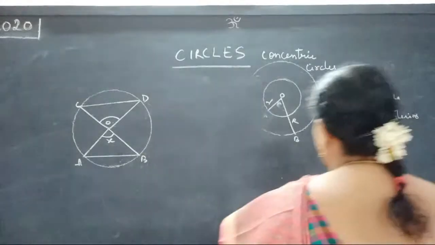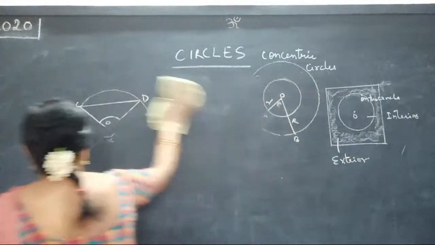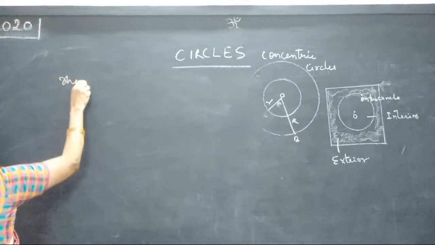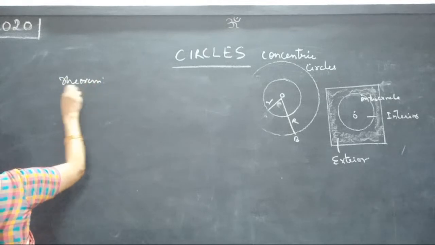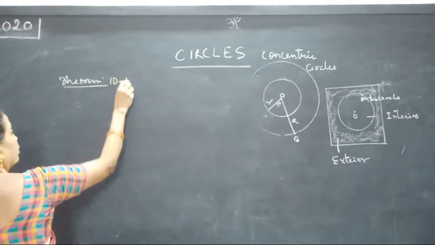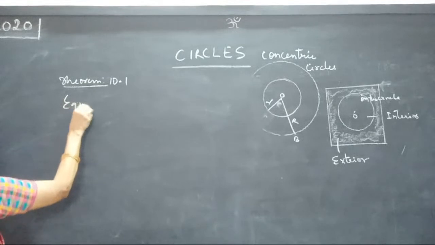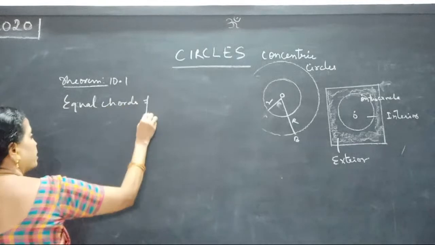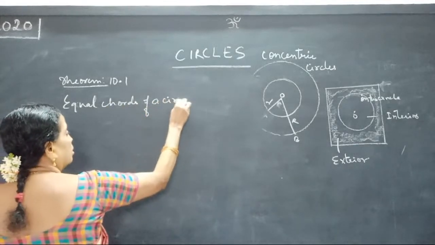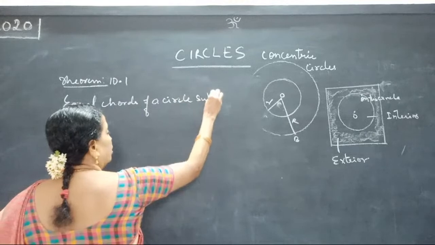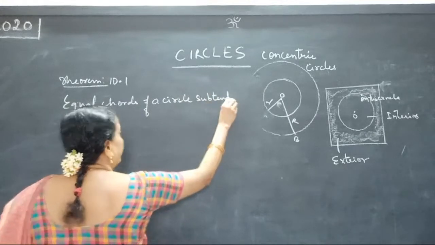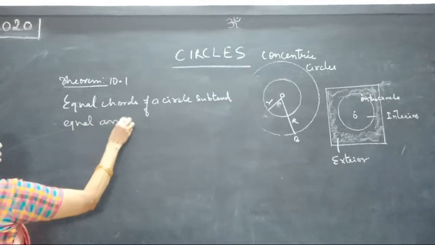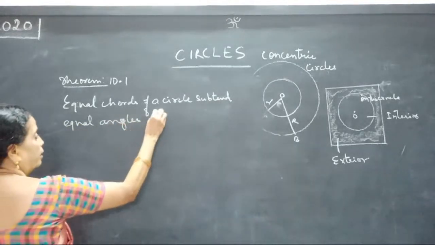This is chapter 10, so they have named the theorem 10.1. Theorem 10.1: Equal chords of a circle subtend equal angles at the center.